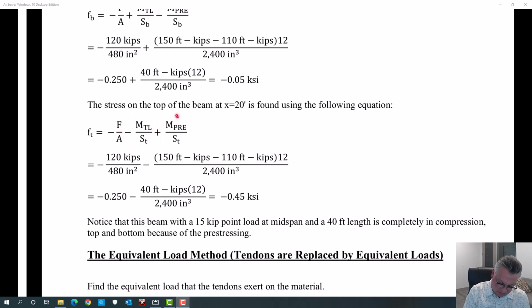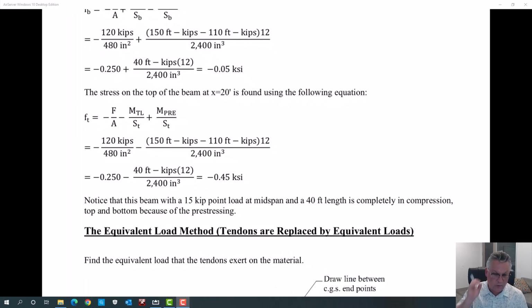The pre-stressing is actually creating tension at the top. So you may have to study that for a second. The pre-stressing is counteracting and should always be, if we're doing this correctly, the opposite of whatever the applied load or total load moment is.